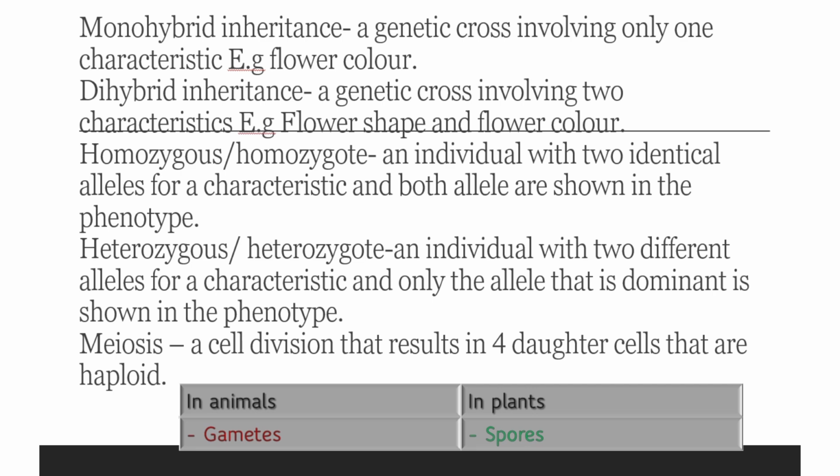Heterozygous, or heterozygote, is an individual with two different alleles for a characteristic, and only the allele that is dominant is shown in the phenotype. Meiosis is a cell division that results in 4 daughter cells that are haploid. In animals, they are called gametes. In plants, they are called spores.